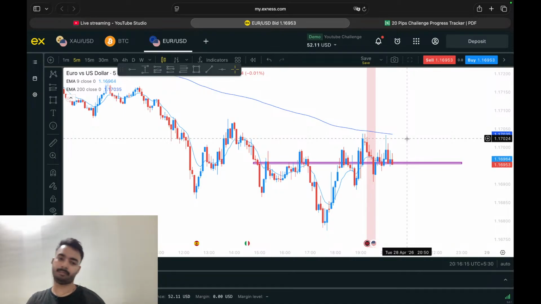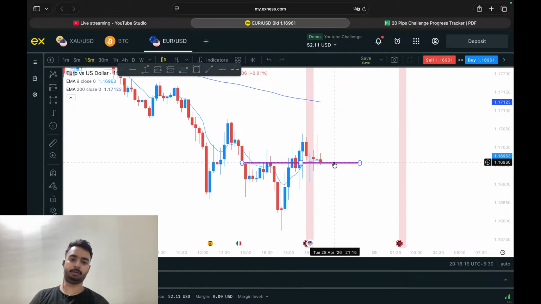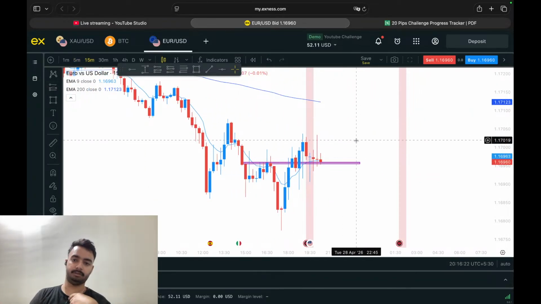So our buying setup is forming on EURUSD, but it is not giving me a lot of conviction. So let's switch to other charts first, and if we don't get any setup in those, then we can plan a trade on EURUSD.